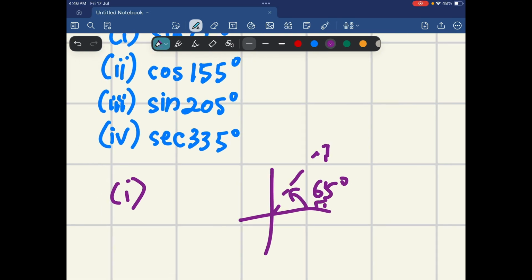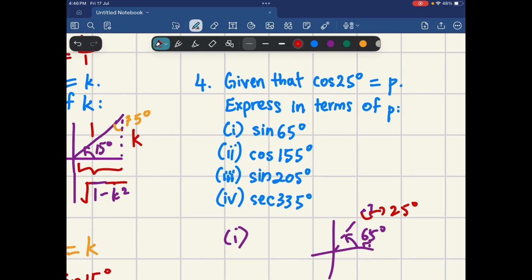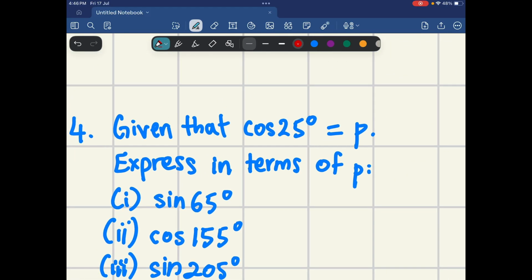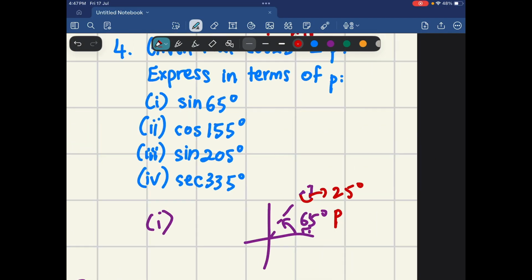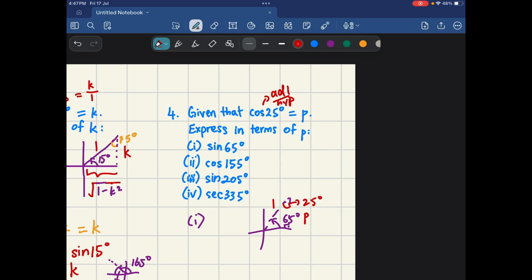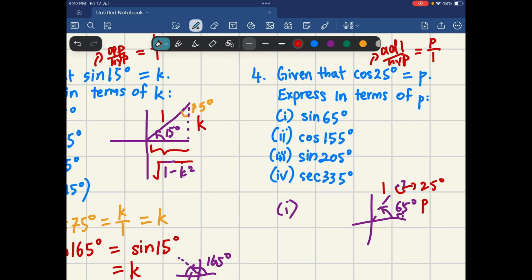Now this is your 65 degrees. Since this is a 90-degree triangle, we know that this will be 25. And we found out that cosine 25 degrees is p. So cosine is adjacent over hypotenuse. So here your adjacent will be p, and your hypotenuse will be 1, since cosine 25 will be p or p over 1.